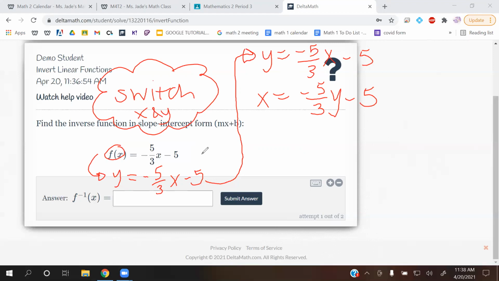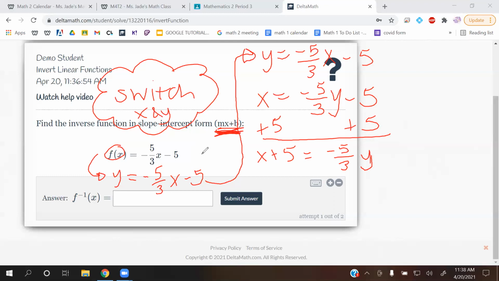Now that I've switched the x and the y, we want to get it in slope intercept form. So I want y equals mx plus b, which means I want y by itself. So let's get y by itself. I'm going to add 5, get x plus 5 is equal to negative 5/3 y. Remember that every time you get a fraction, so the negative 5/3, this is a division problem.